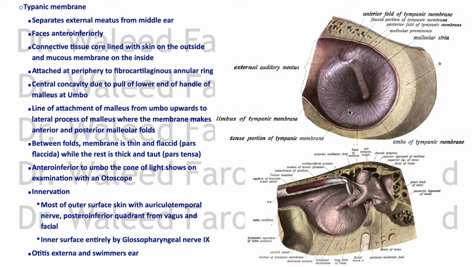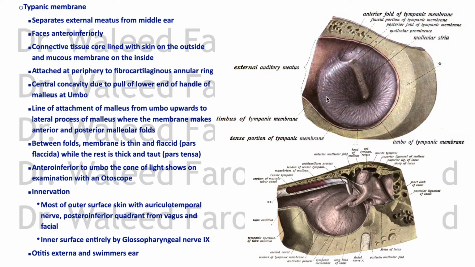Inflammation of the middle ear is called otitis media. Inflammation of the external ear is called otitis externa, like the one you see in swimmers. It's very painful, as we said, because of the adherent skin.